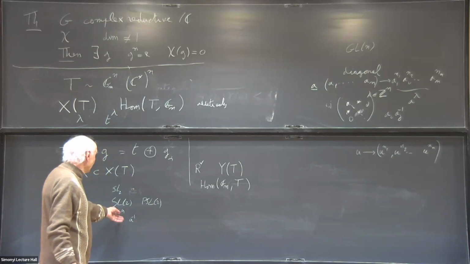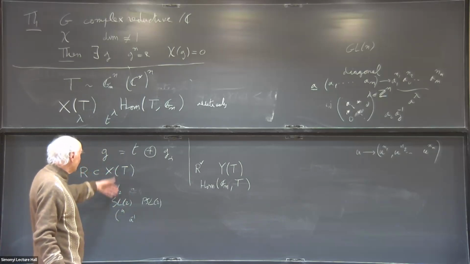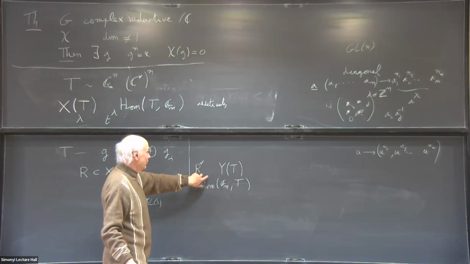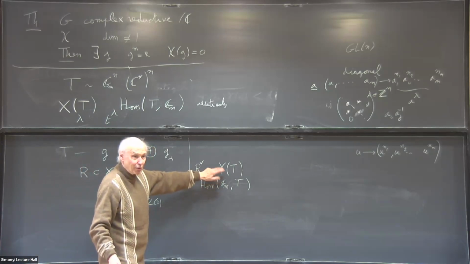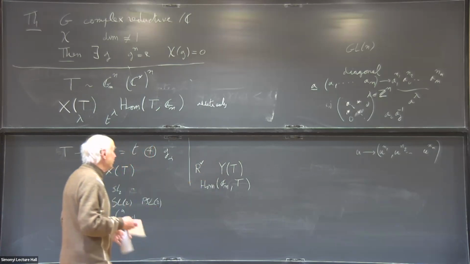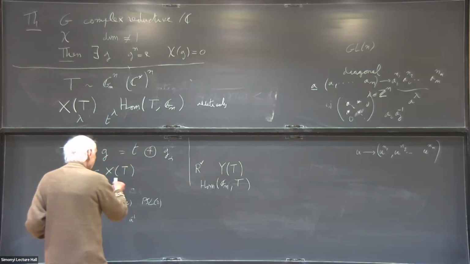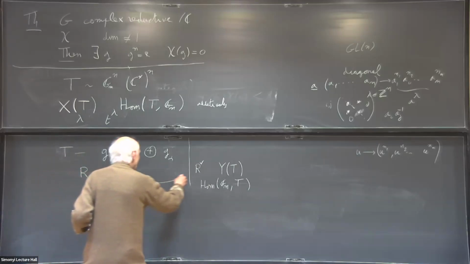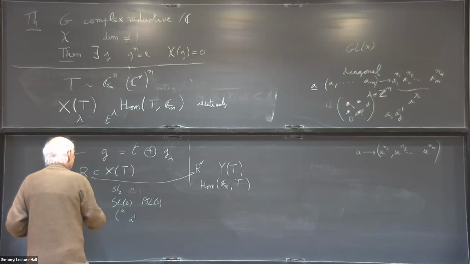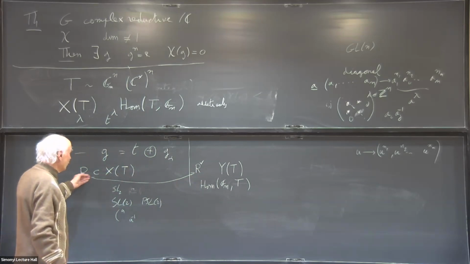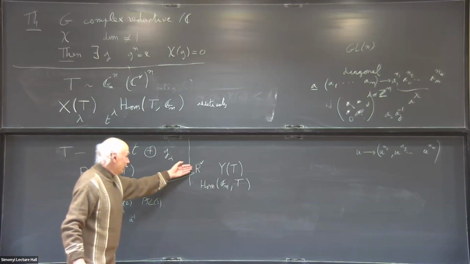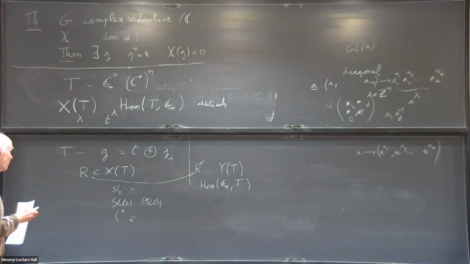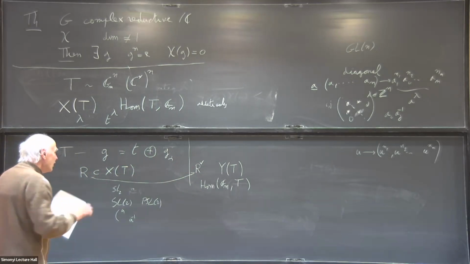And so I have a natural map from the multiplicative group to the torus, so I have a coroot, an element of homomorphism from the multiplicative group to the torus. And there is a natural correspondence between both. If I take a root, I have a corresponding SL2 and a corresponding coroot, and it's a nice bijection between the two.